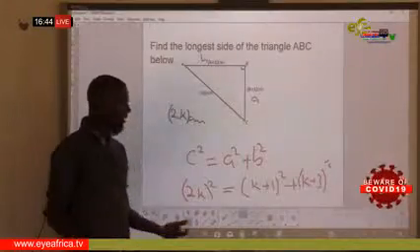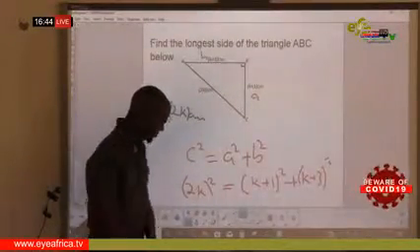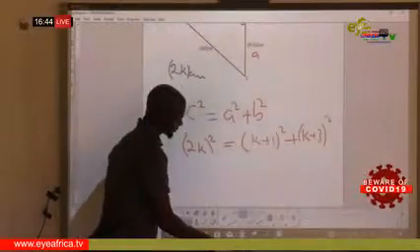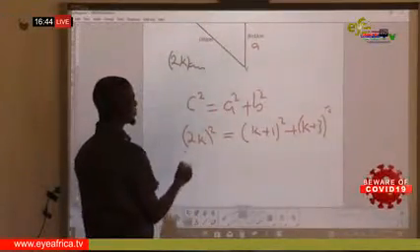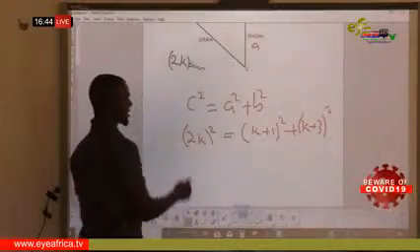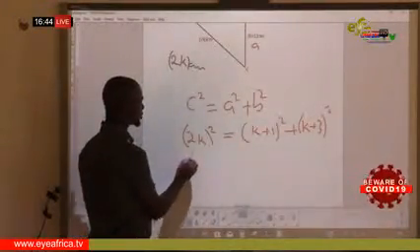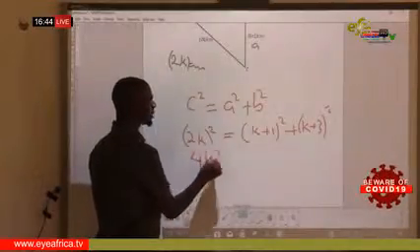Now we will expand these to get the value of k. 2k square, this square affects the 2 and the k, and the relationship between them is multiplication. So that will give us 4k square.